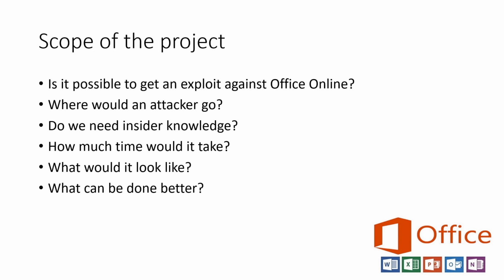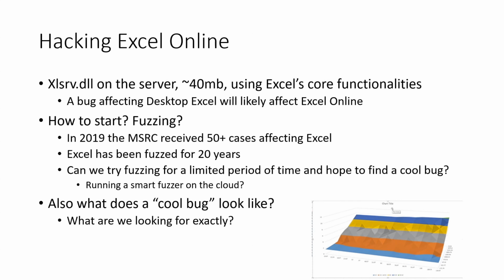So I chose to go after Excel Online. I could have gone after PowerPoint or Word, but I chose Excel, and there are several reasons for this. Before I joined Microsoft, I was working for a company named Viewpen Security, and at that moment, I did a bit of research on Excel. I found a couple of bugs and did a couple of exploits, but that was quite some time ago.